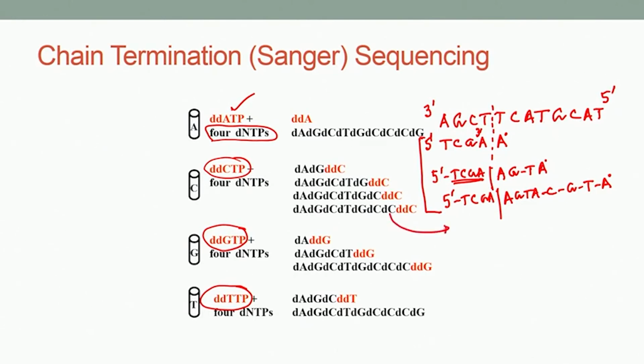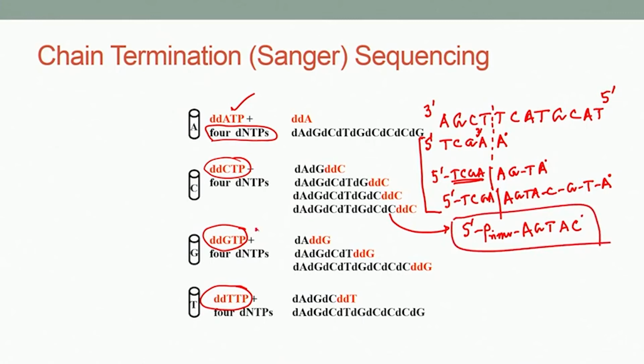For this one I will get 5 prime, then the primer is always there, then I should get AGTC and then AGTA, AG again AGTA, and then there is a requirement of C. So, it will truncate here. That is the only piece that you will get from C.